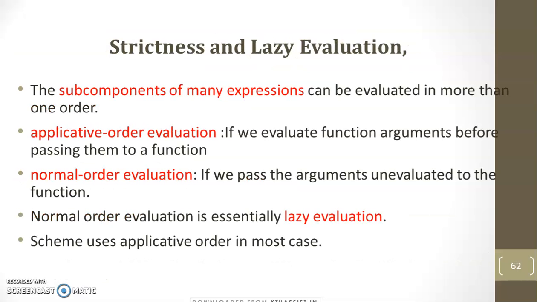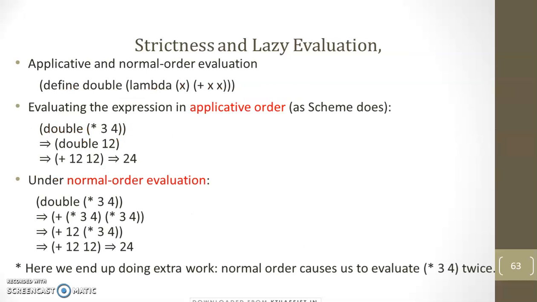There are two kinds of evaluation order: applicative order evaluation and normal order evaluation. Applicative order evaluates the function arguments before passing them to the function. Normal order passes the arguments unevaluated to the function. Lazy evaluation follows normal order evaluation. Scheme uses applicative order in most cases.